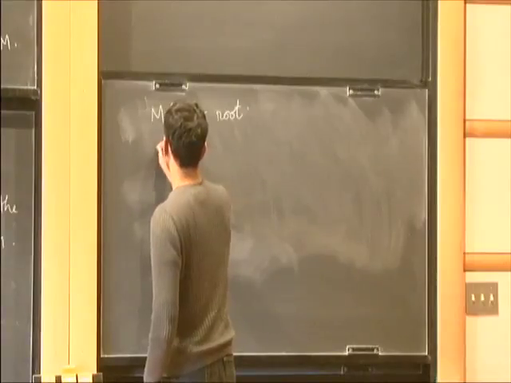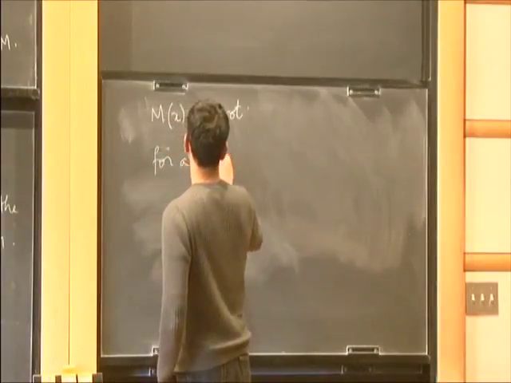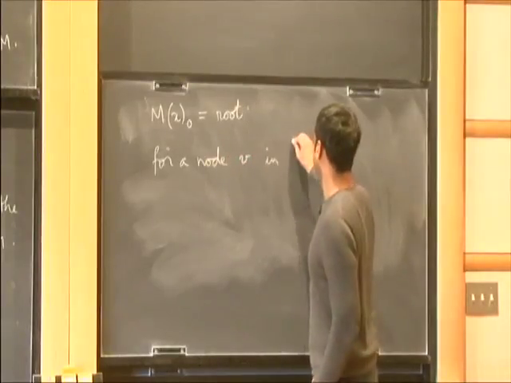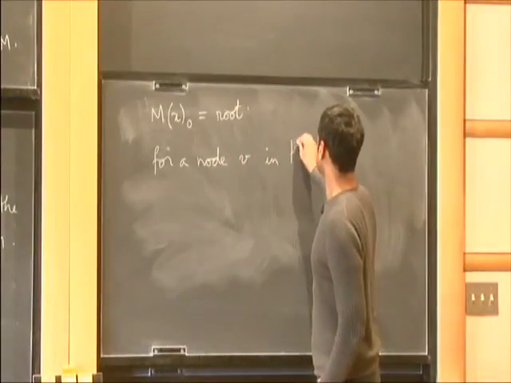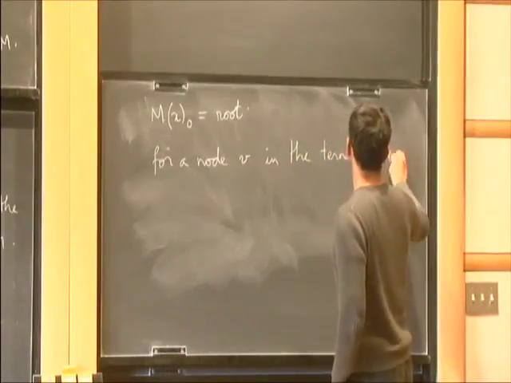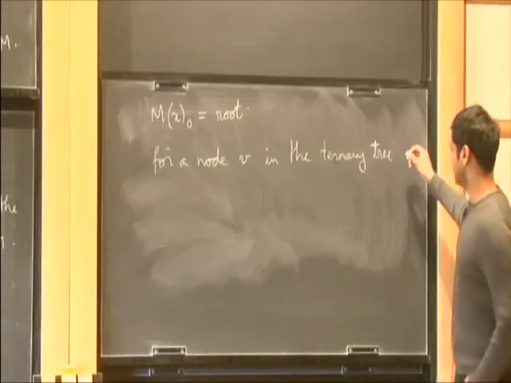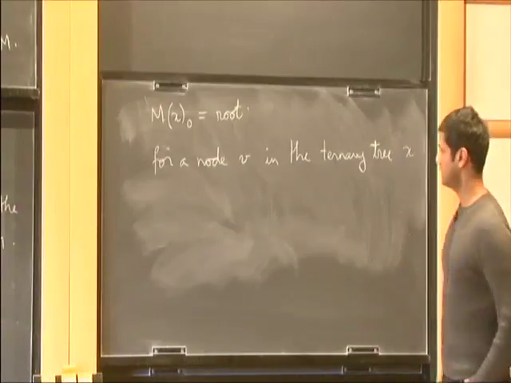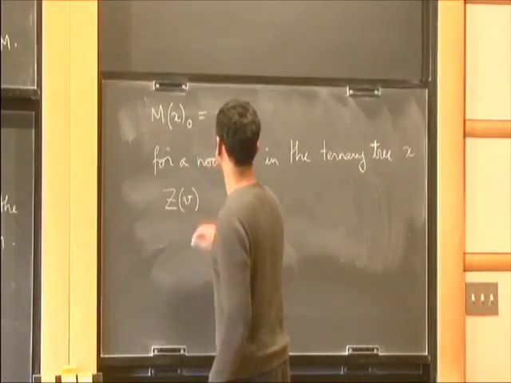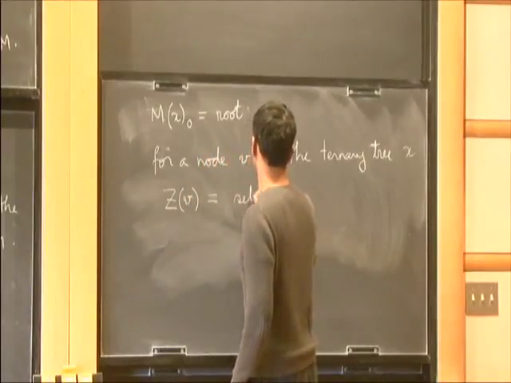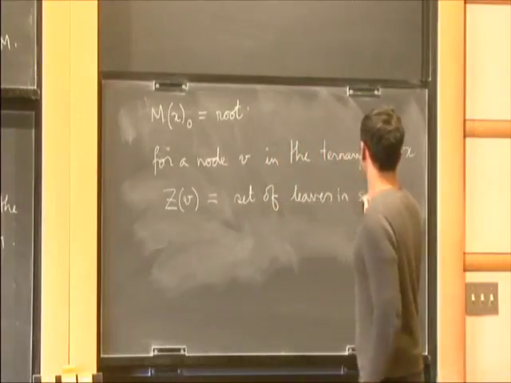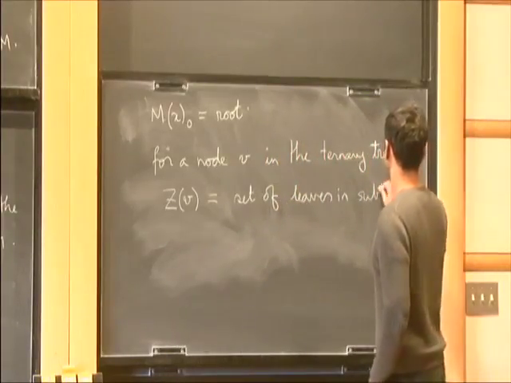Let's say for a node v in the ternary tree, so every instance I view as a ternary tree, Z sub v is the set of leaves in the subtree rooted at v.